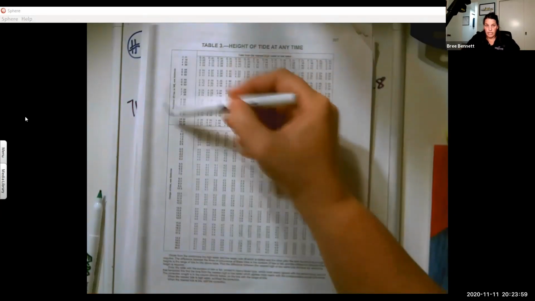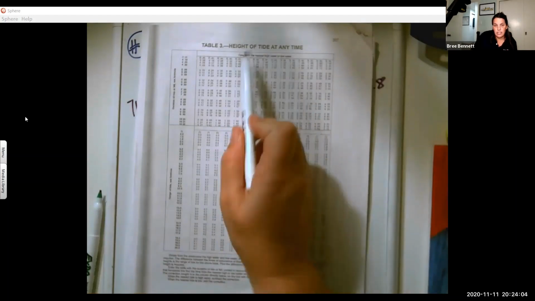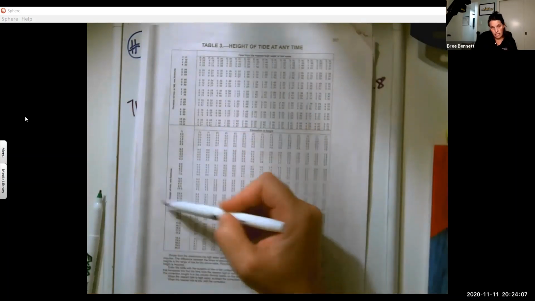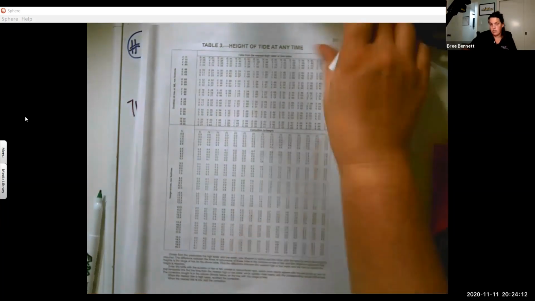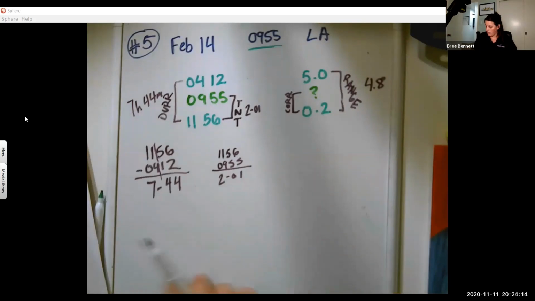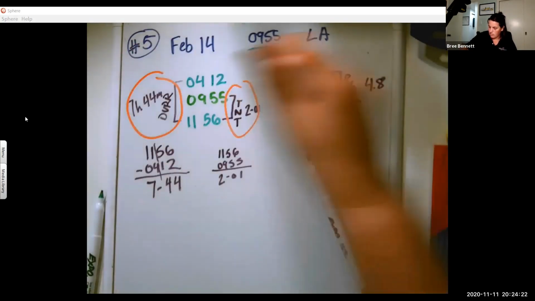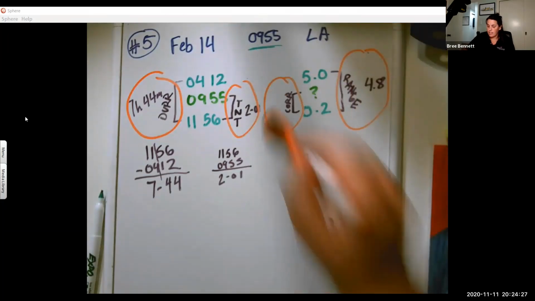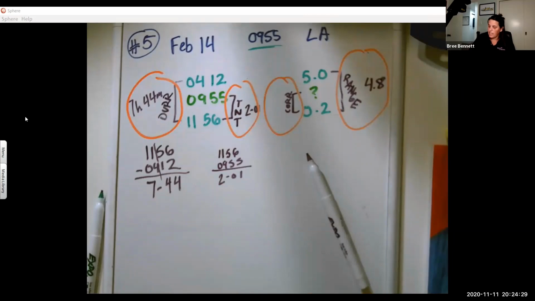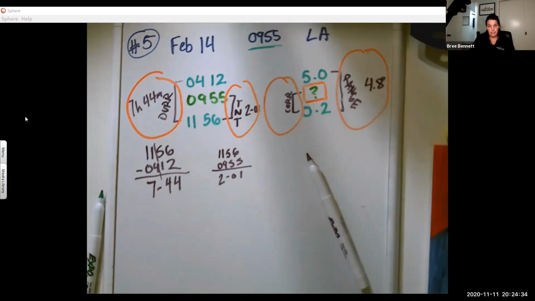We have our duration of rise and fall, our time to the nearest, our range, and then our correction to height. Those 4 things we have right here, and we need to find the missing piece so we can get what our question mark is.